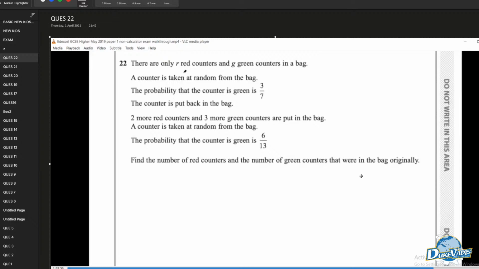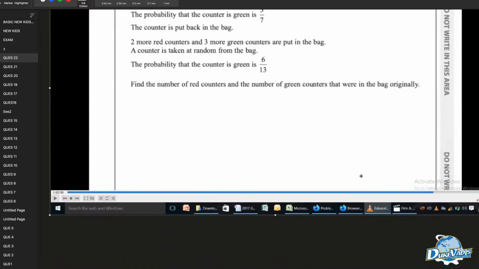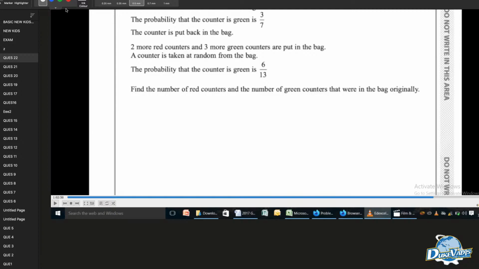Okay, so if you follow the question, you see that there are two more red counters. Okay, so straightforward. Let's begin to solve the question. So we say, let the counter be taken at random.